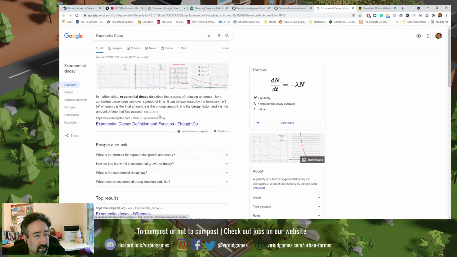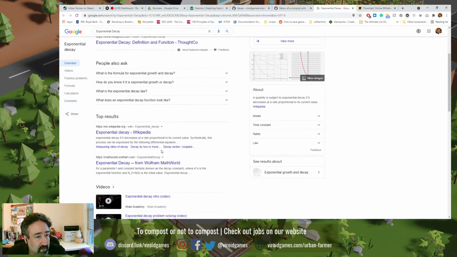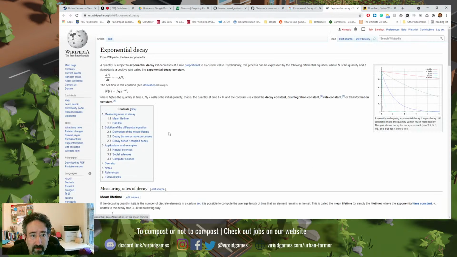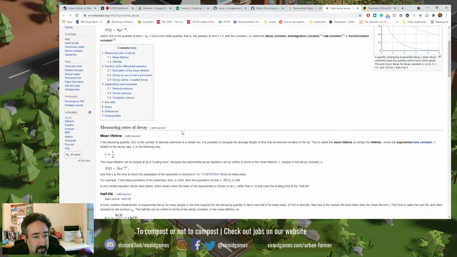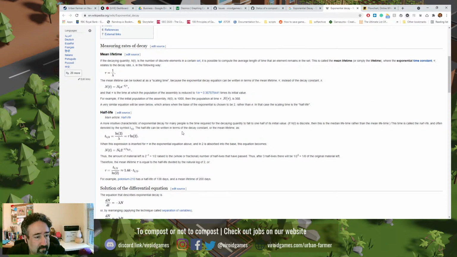This is exactly the same article. Let's go to good old Wikipedia. Solution to that equation and such. Half-life.